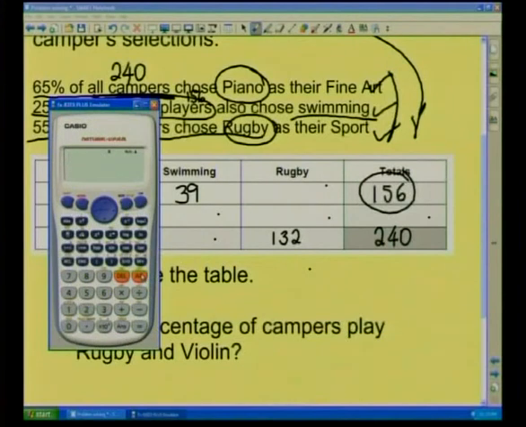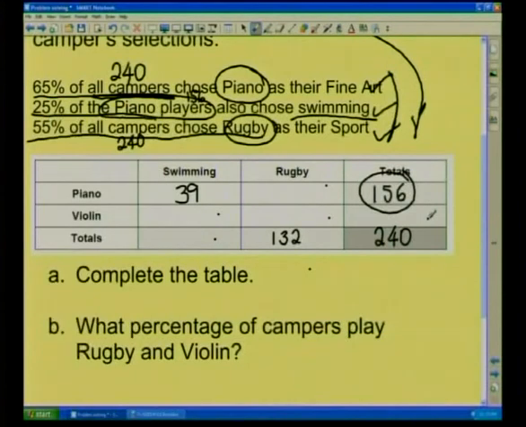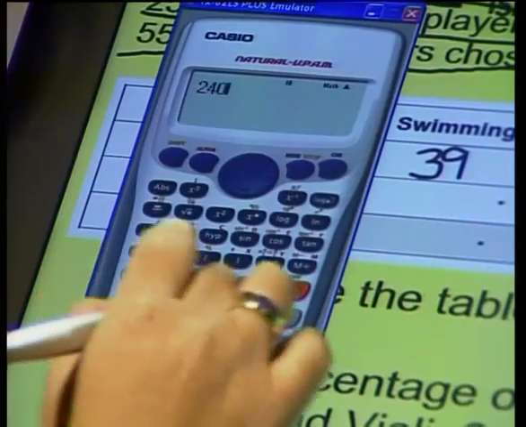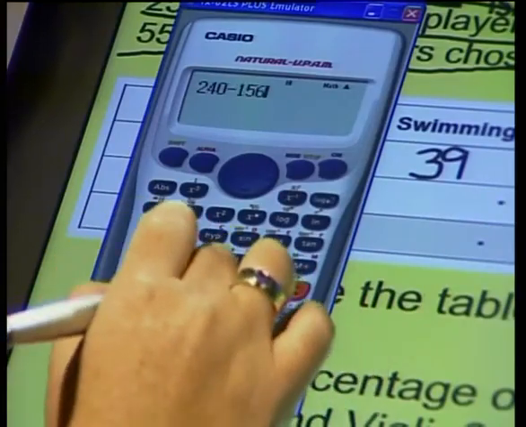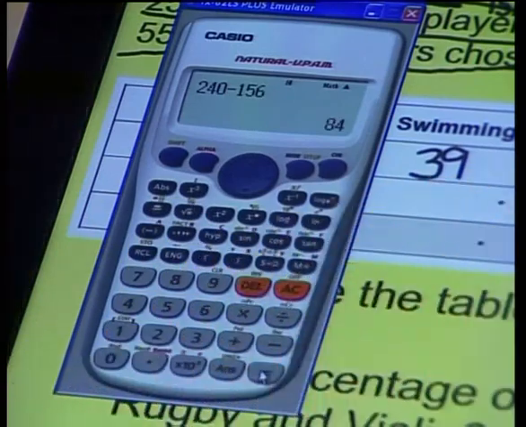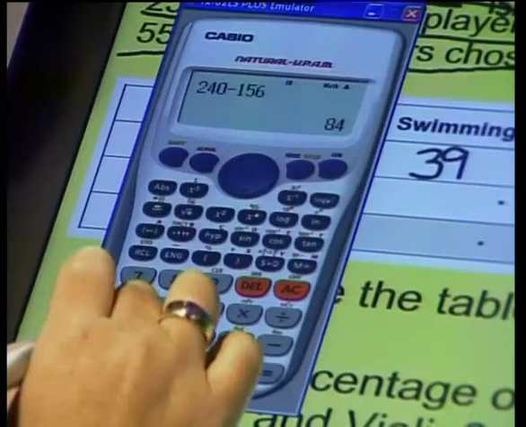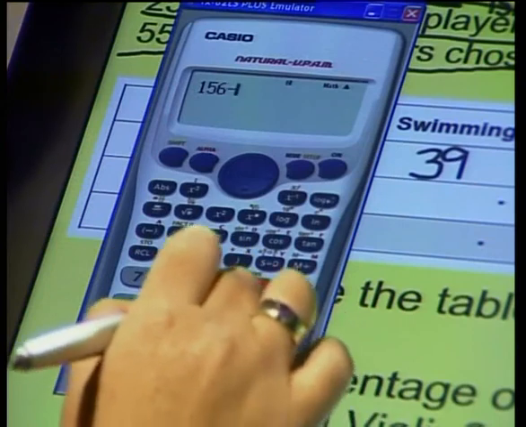To work out the total that did violin, I can do 240 minus 156, which gives me 84. To get the total that played the piano and did rugby, I need to say 156 minus 39.